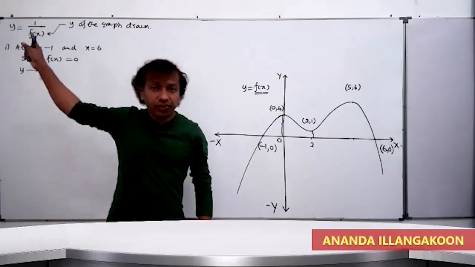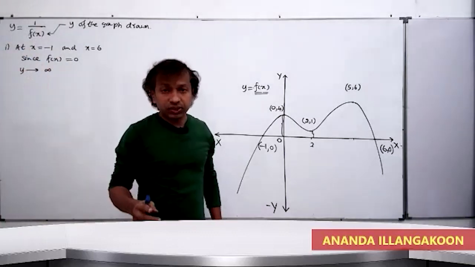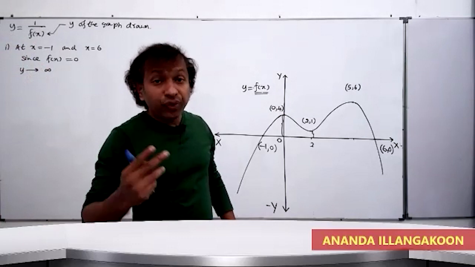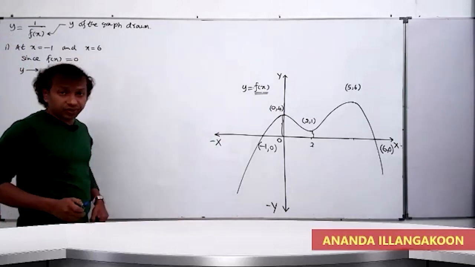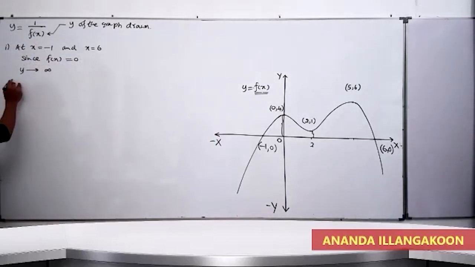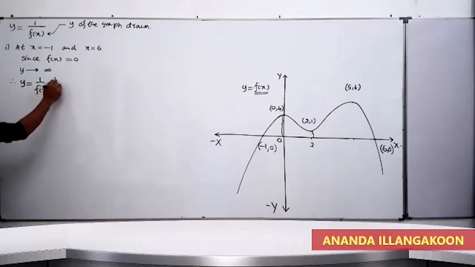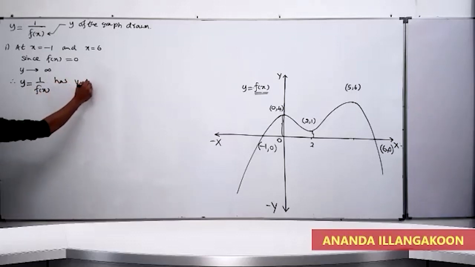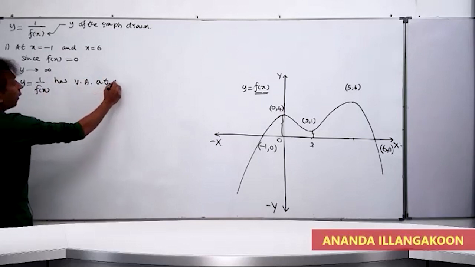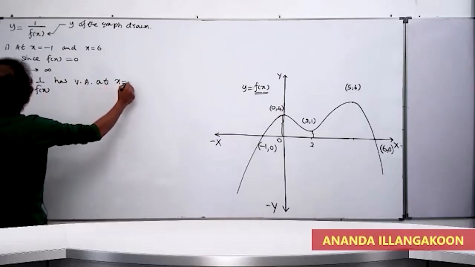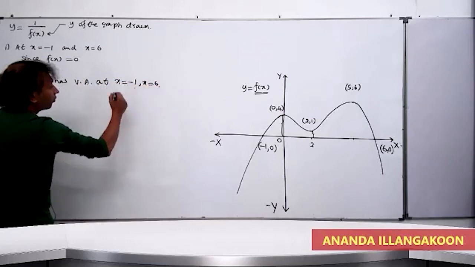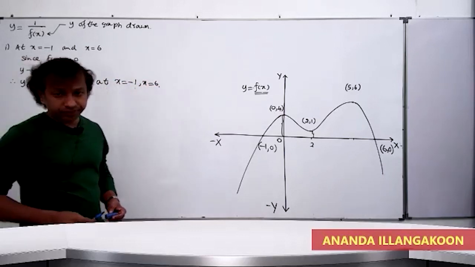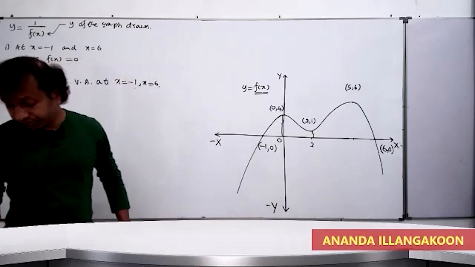For the graph 1 upon f(x), it has two vertical asymptotes at x equals -1 and x equals 6. Therefore, y equals 1 upon f(x) has vertical asymptotes at x equals -1 and x equals 6. Okay, right. That is the first thing.